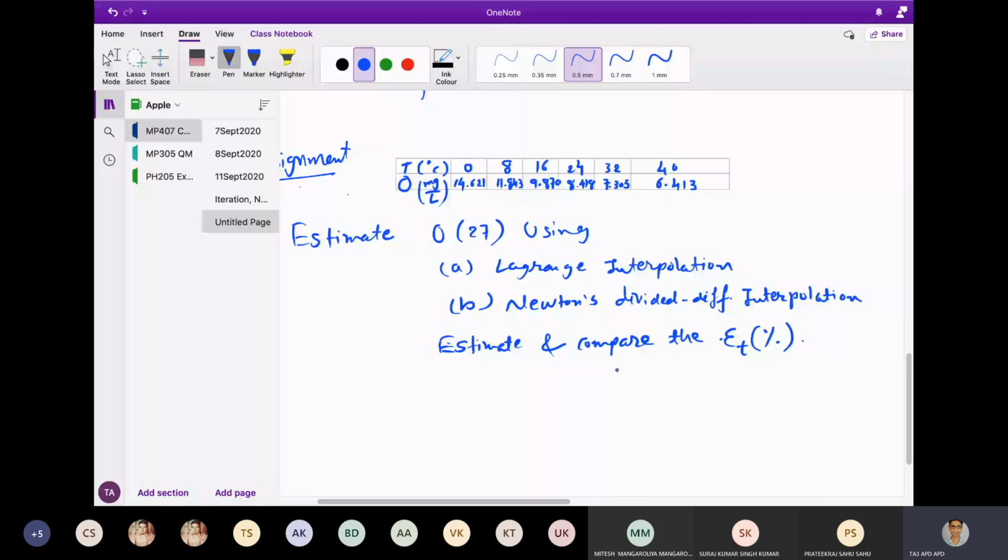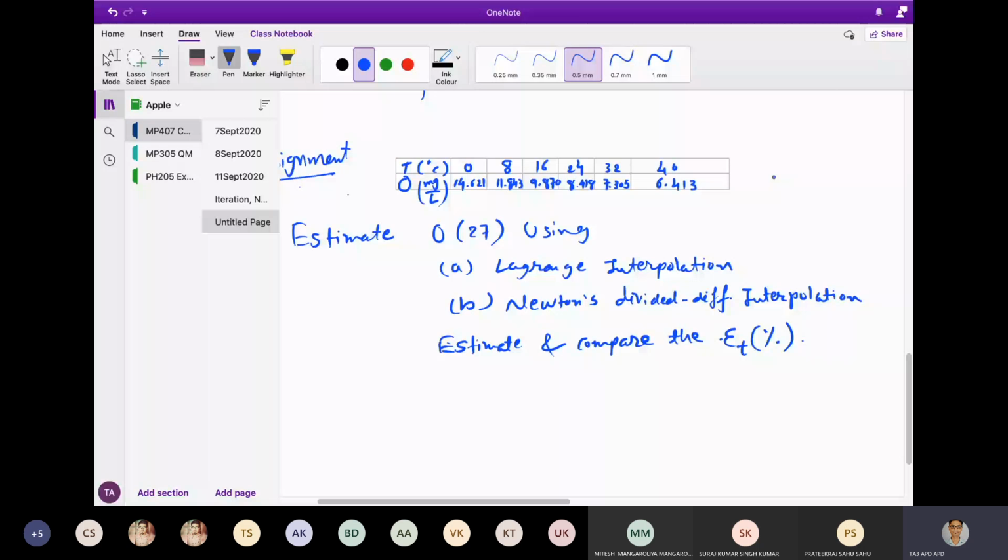So for that I think what we can do is that you can take a linear straight line and then see if you can get it from there. Okay, of course there is no true value as such, but let me see if I have some data from this.